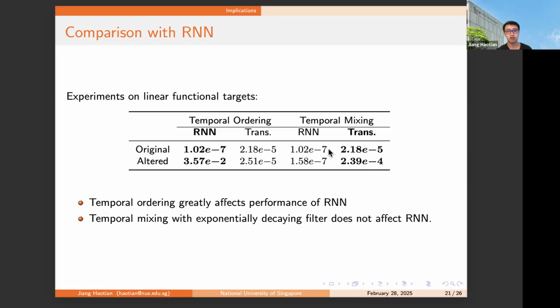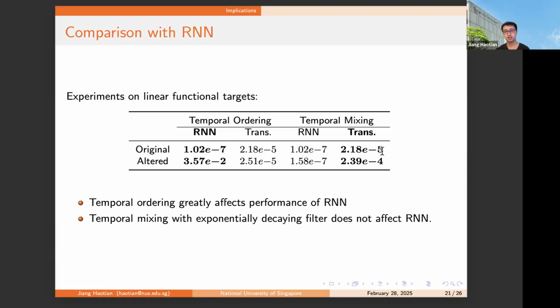And from this experiment, we can also see that even though the transformer is not affected by the temporal ordering, the general error is larger than the RNN. You can see that the RNN on this theta side is 10 to the -7, but for the transformer, the error is greatly larger than the RNN.